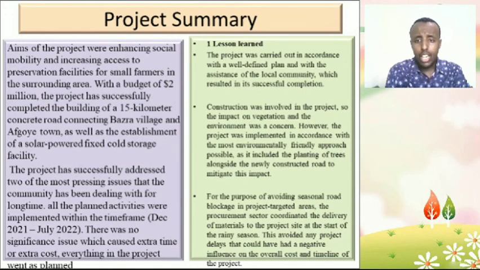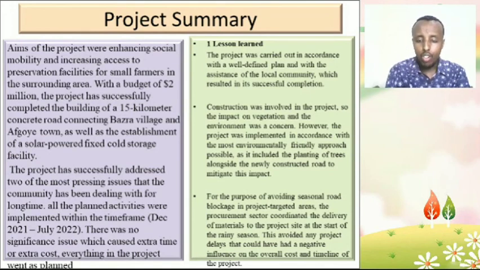Lessons learned. The project was carried out in accordance with a well-defined plan and with the assent of the local community, which resulted in its successful completion. Since construction was involved, the impact on the vegetation and the environment was a concern. However, the project was implemented in the most environmentally friendly approach possible, as it included the planting of trees alongside the newly constructed road to mitigate this impact.